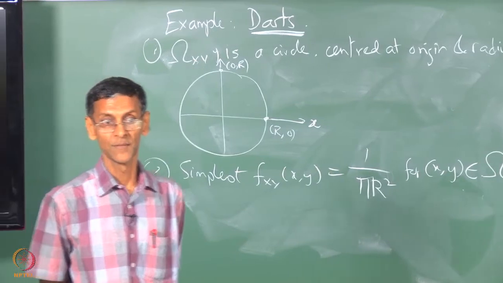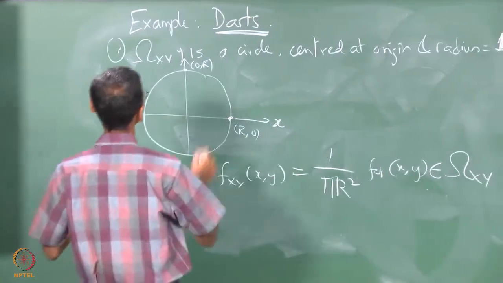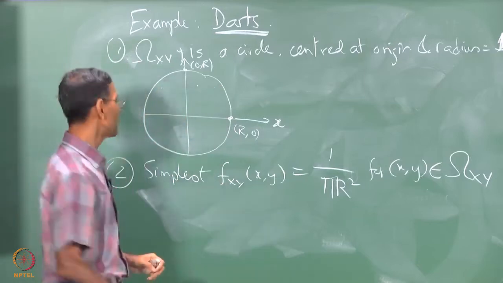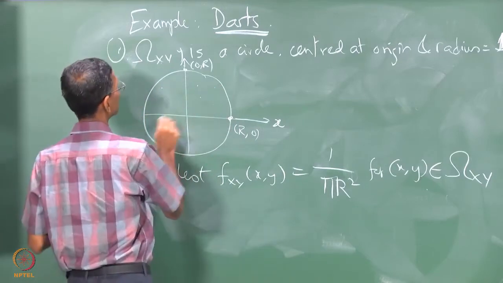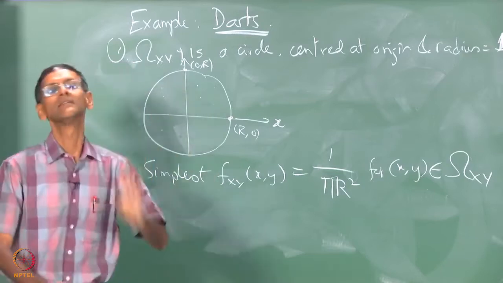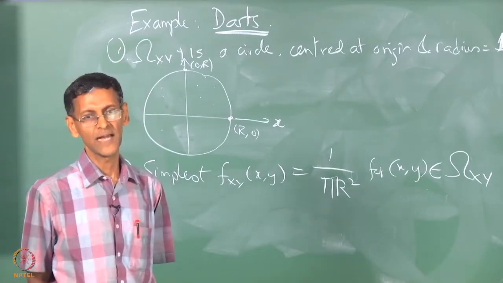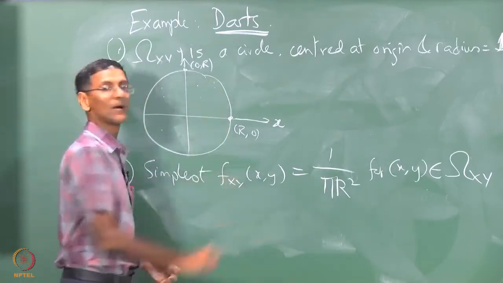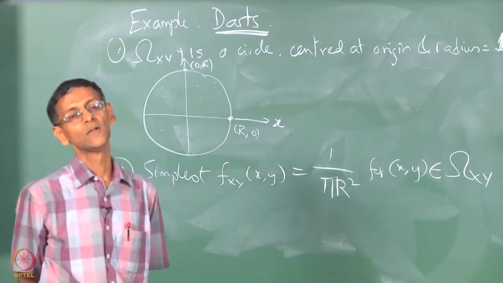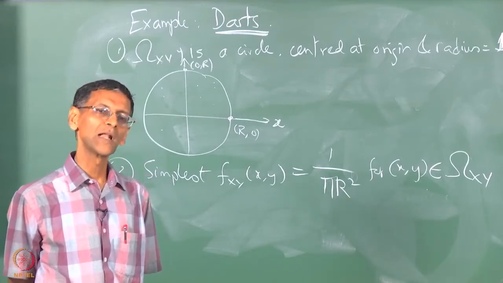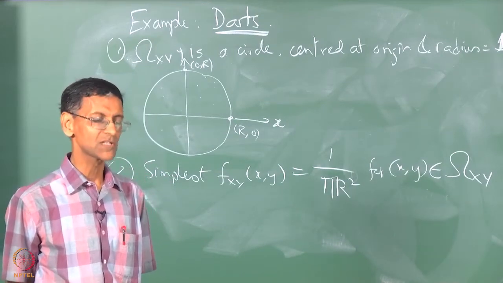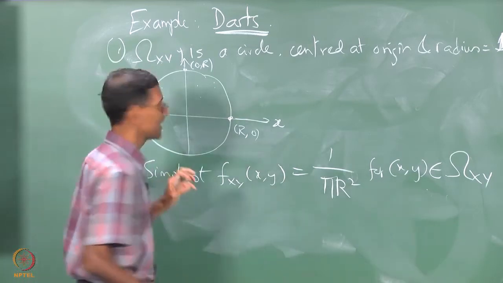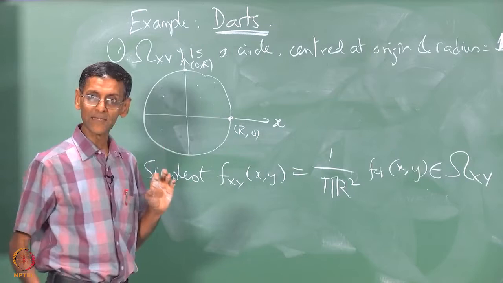more simple than this. What does it mean physically? It means that when you throw, you are likely to pick any point inside the circle, arbitrarily close to the origin and arbitrarily close to the edge also. So, this model has been used to describe a novice player, where the player has not much control over where the dart lands.